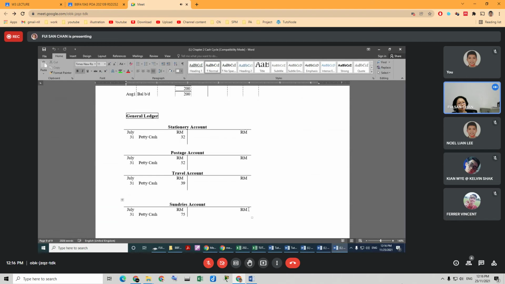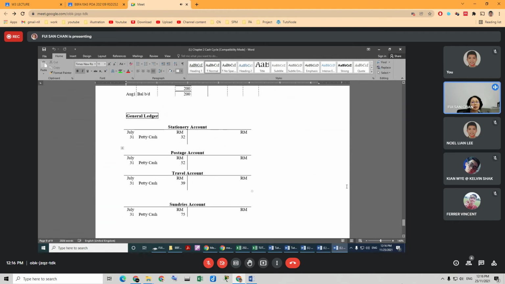In your general ledger, there is no individual supplier or customer account. What you have is a trade receivable control account. The trade receivable control account amount is actually your individual A plus your individual B. Correct? So it's actually like that.